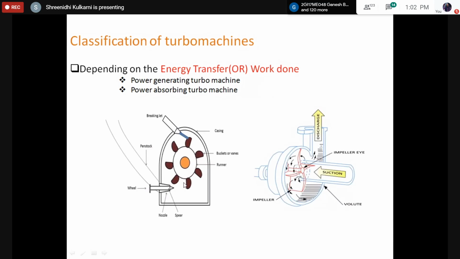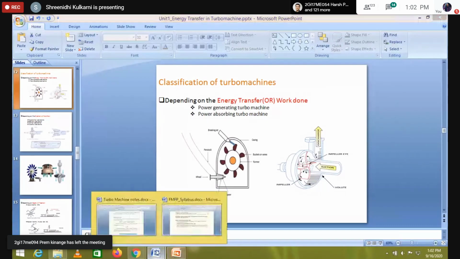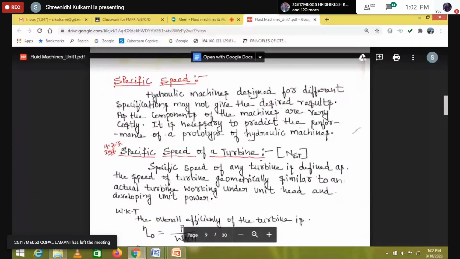I can't simply tell the number of blades is 10. It requires a certain procedure. For that, the specific speed has a very important role in any turbines.